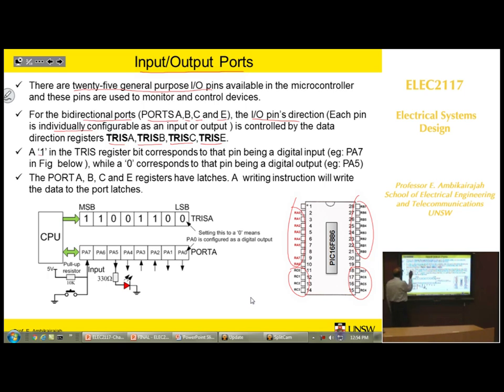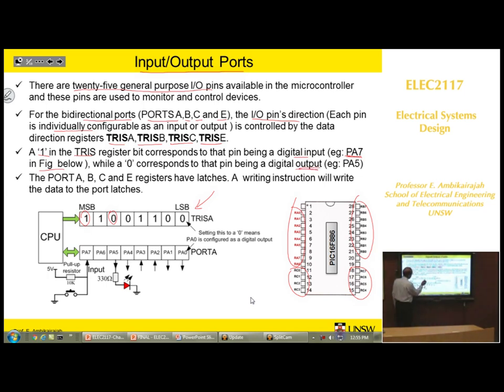If you put a 1 in the TRIS register, that corresponds to digital input. So in this case, I take TRISA register and I go to bit 7, that one, and I put it as 1. So I've got bit 7 as 1. That means PA7 in the figure below. And if I put a 0, and here I put a 0, that belongs to PA5, that's an output.